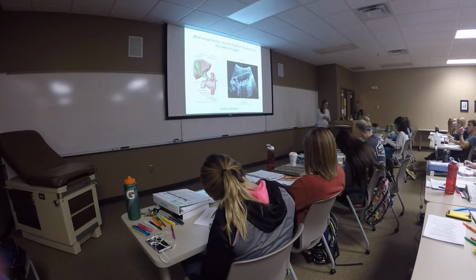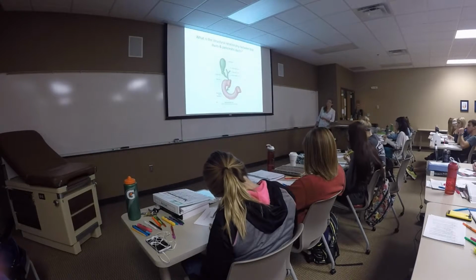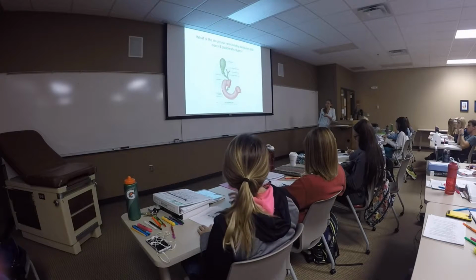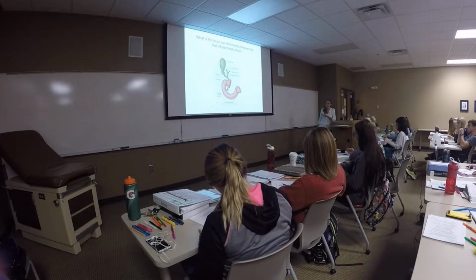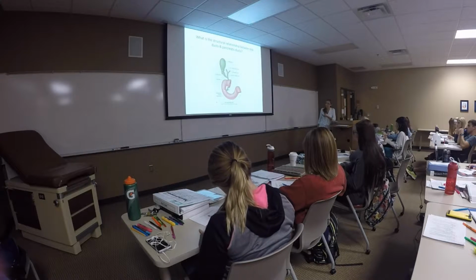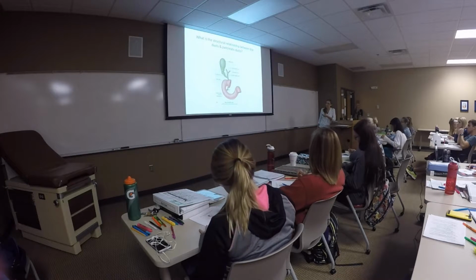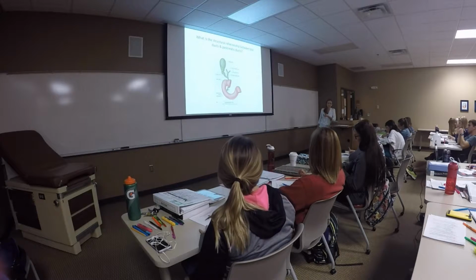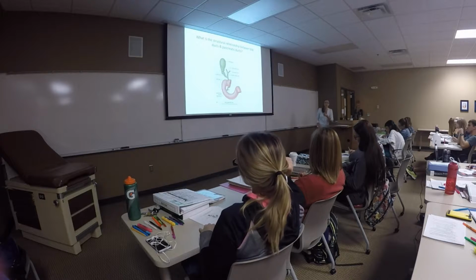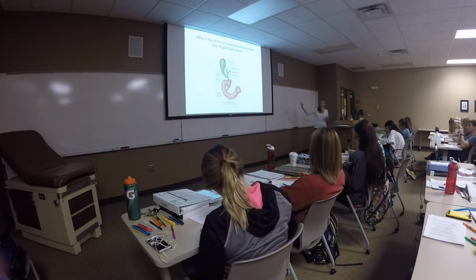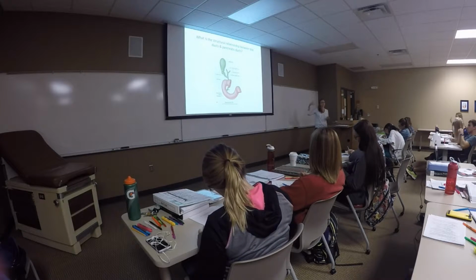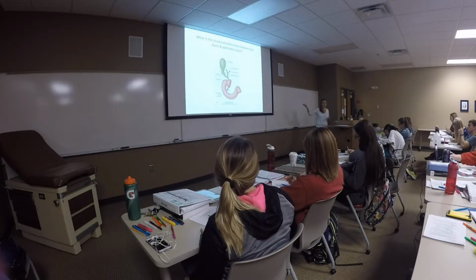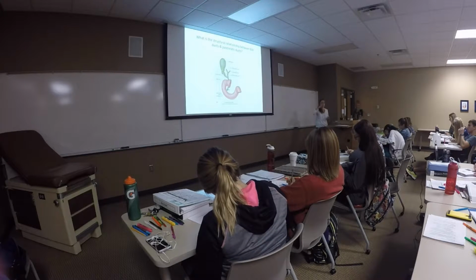Now, if we go back to here. If we have a gallstone that gets all the way down to where the major papilla is, then we can have blockage not only of the bile duct, but also of the main pancreatic duct. And that can allow for buildup of the pancreatic enzymes in the main pancreatic duct back into the pancreas itself.